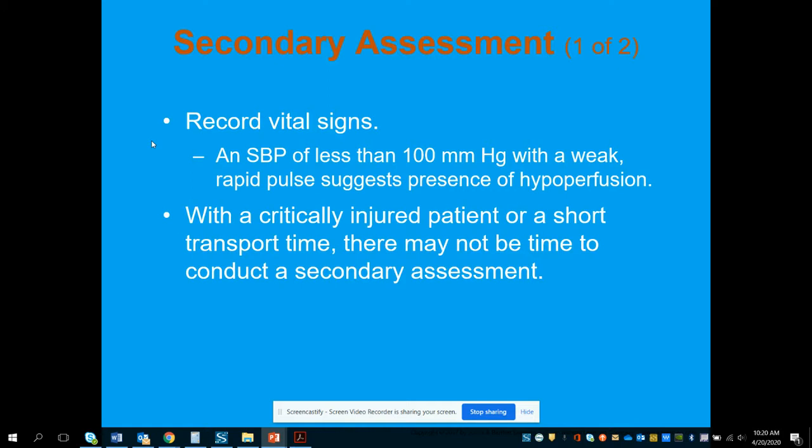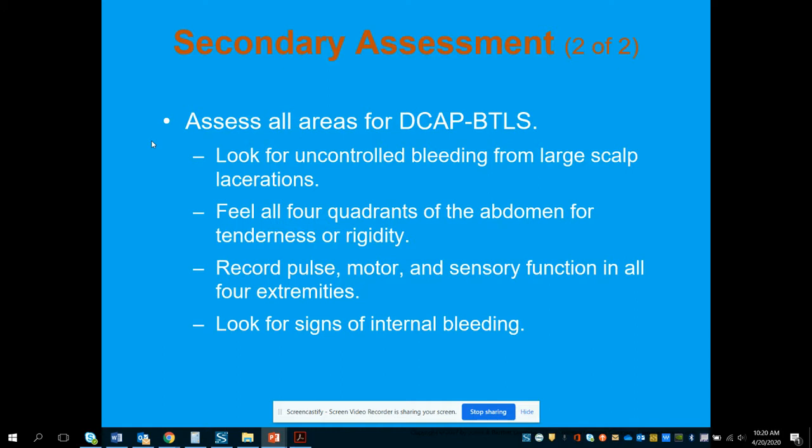Historically, 10 or 15 years ago, our big thing was to give as much fluid as we could to trauma patients. But what we know now is that by not diluting what blood they have and allowing it to go at a lower pressure, around 90 systolic, it can actually be more beneficial for the patient. So that's our goal there, to maintain a blood pressure of around 90 systolic or over. Keep that in mind as you are conducting your assessment.